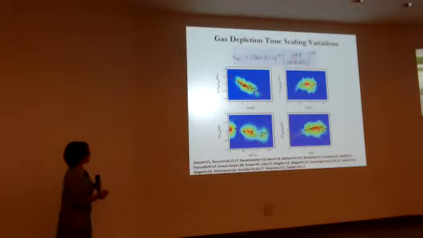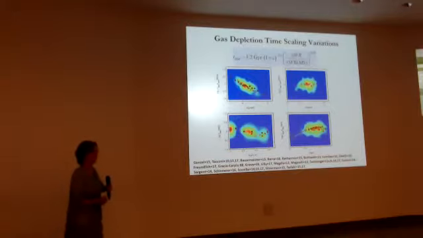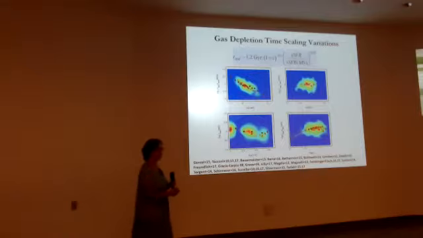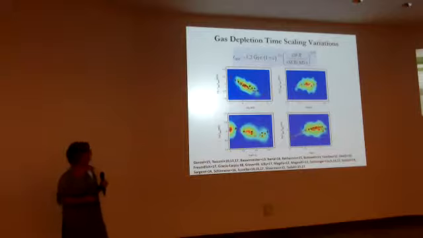What you see is a very shallow fall off of depletion time with redshift. This was surprising to some. We find average depletion times on the main sequence of anywhere from a gigayear or 1.2 gigayears at low redshift to a little under a gigayear at higher redshift.